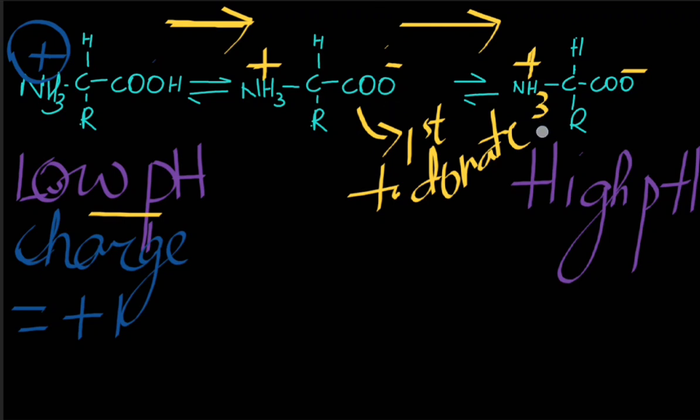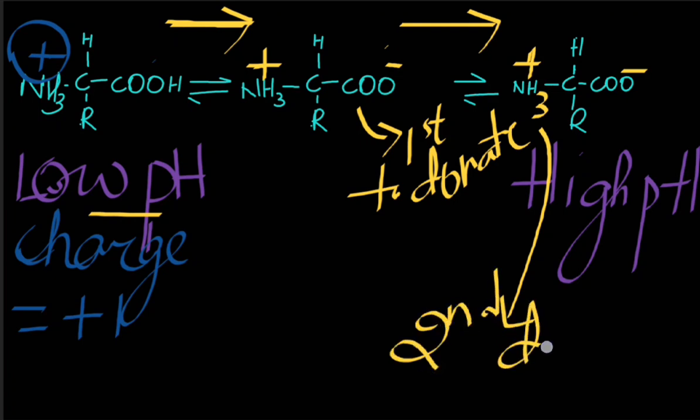Now, second time, who will be the donor? The second donor will be NH3. So, can I say that the NH3 positive charge will be removed and it will have only NH2 now, right?